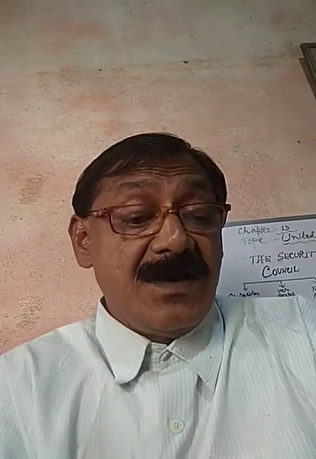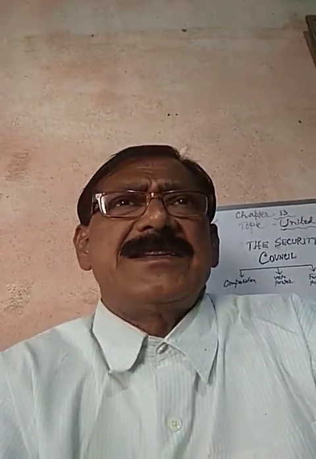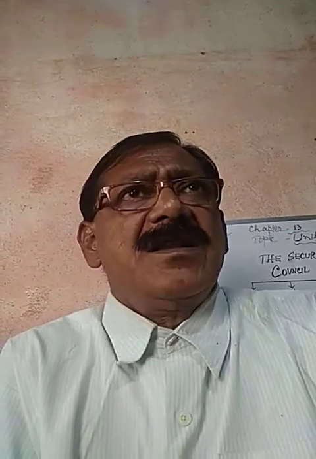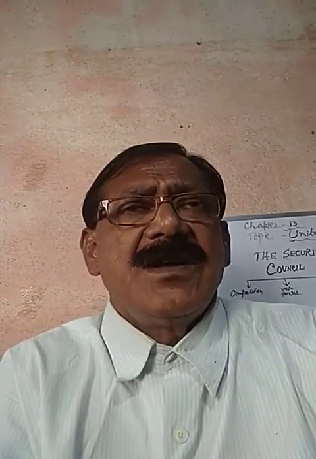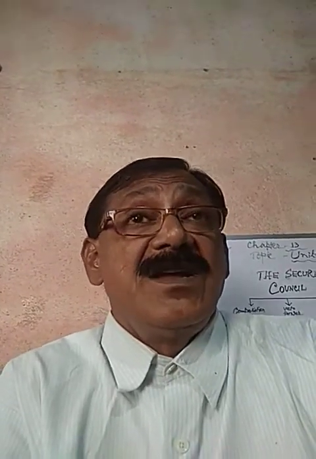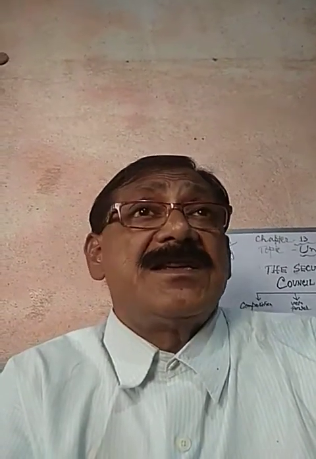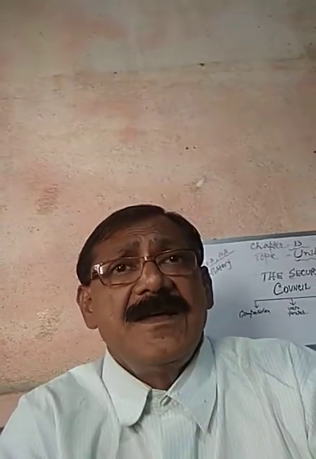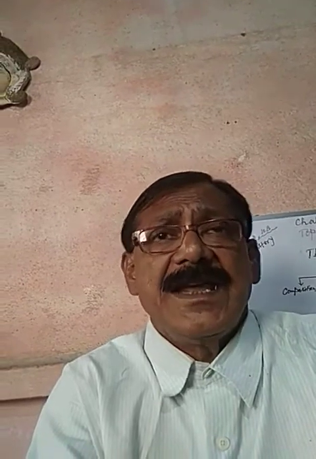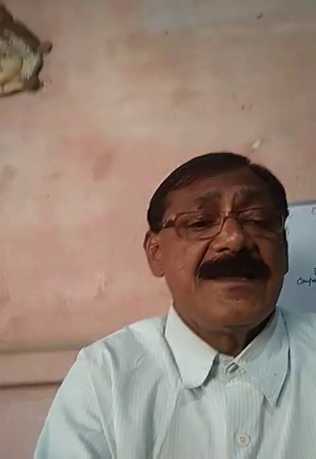In that case, what military action should be taken against that state which is disobeying will be decided by the Security Council. In that case, the Security Council is not supposed to consult the General Assembly. It is the work and secrecy and privacy of the Security Council. The Security Council will decide what action should be taken against that aggressor.